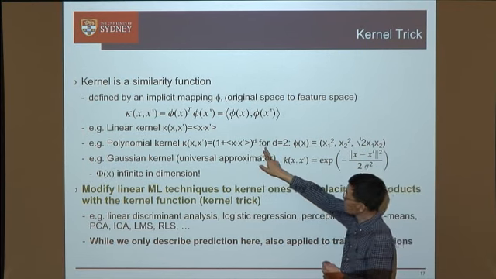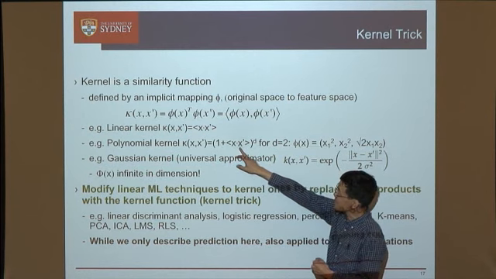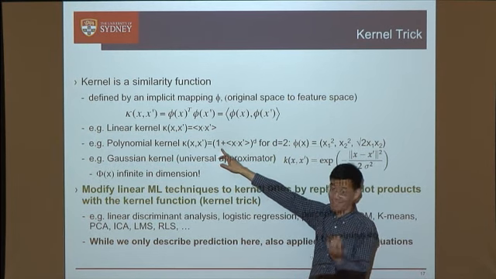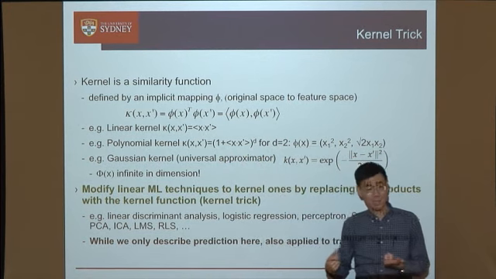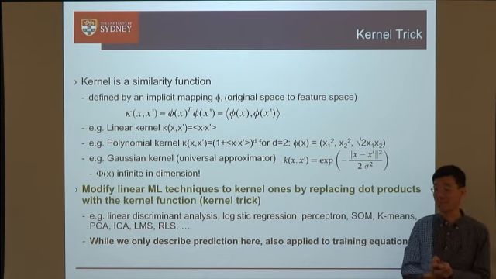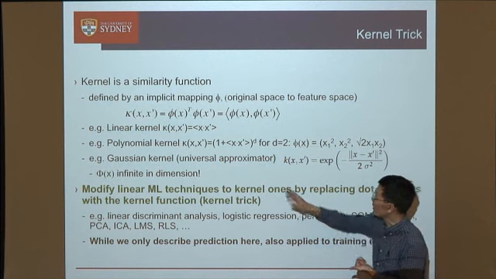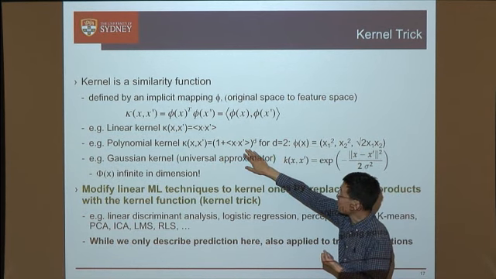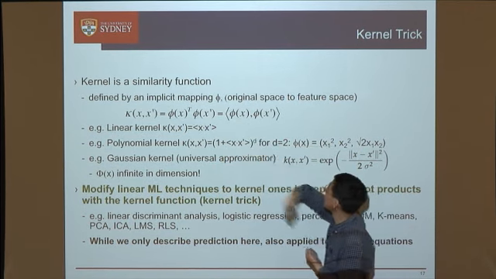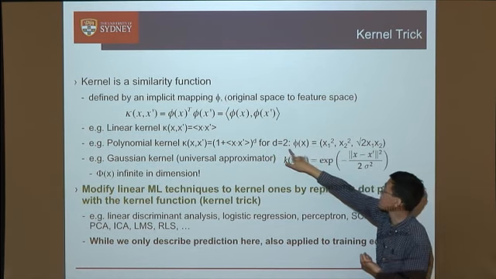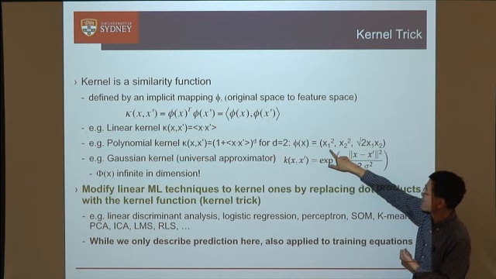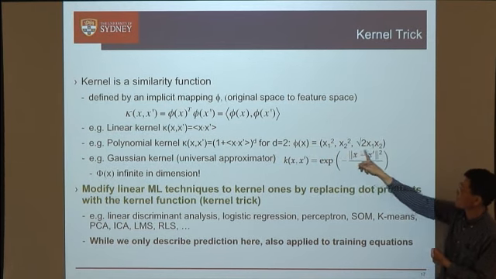Now, if you choose a linear kernel where this is just the identity, then you just do dot product. You have all your linear techniques. If you choose a polynomial kernel, so you take this, you add 1 to it, which costs 1 operation, and then you raise it to the power of d, which just costs a handful of multiplications, then you are actually doing this. And this function, for the case of d equals 2, looks like this. So x1 squared, x2 squared, square root of 2 x1 x2.